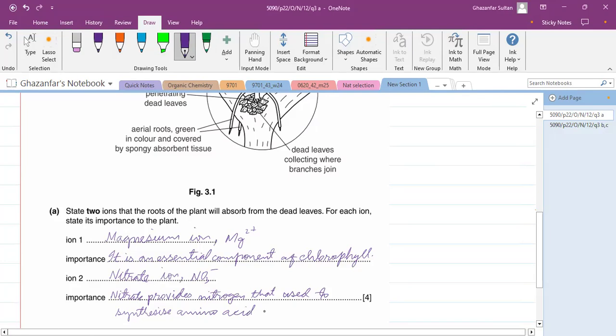And amino acids mean ultimately proteins. Amino acids and proteins. You can even shorten your answer: nitrate is essential for the synthesis of amino acids and proteins in the plant.